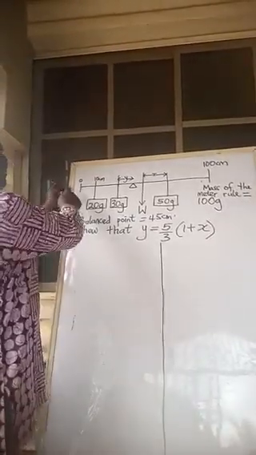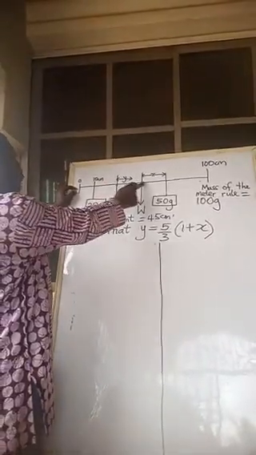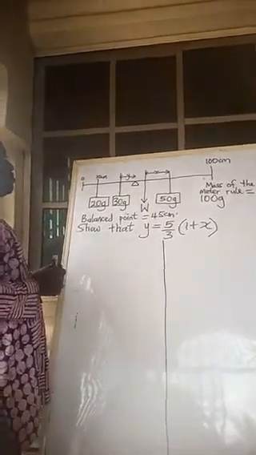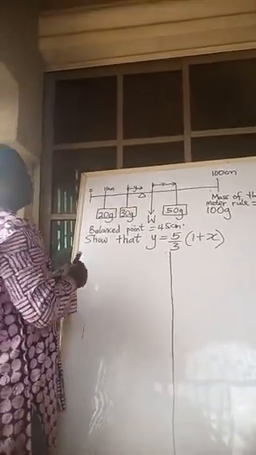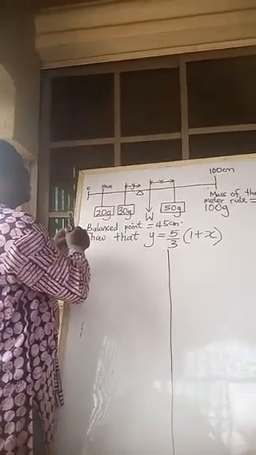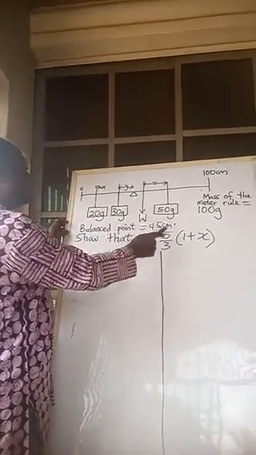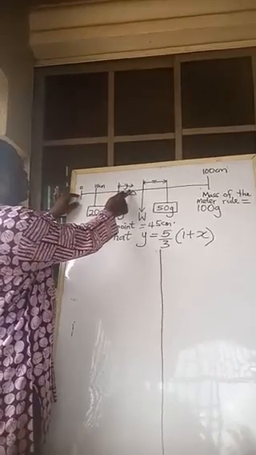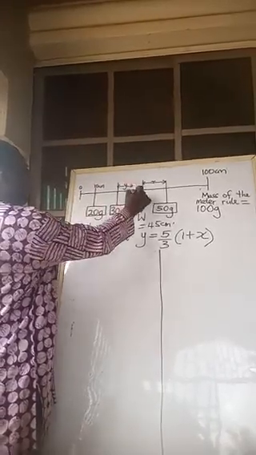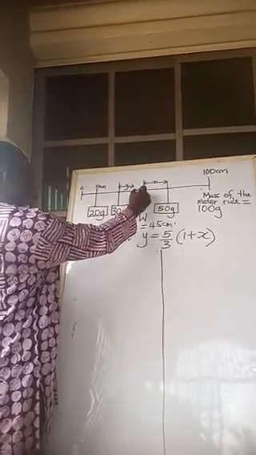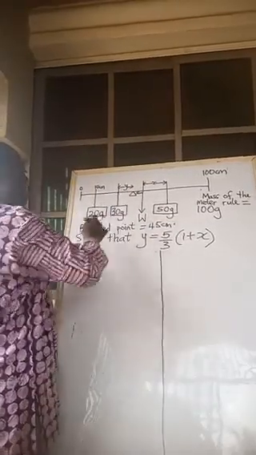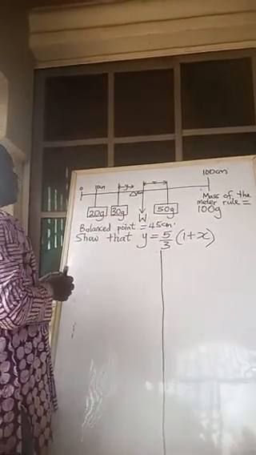So that means the distance from this zero to where this weight is 50 centimeters. Take note of that. So if this is 50 centimeters and the balance point of this meter rule is 45 centimeters, so from 0 to this pivot is 45 centimeters, then the distance here will definitely be 50 minus 45, and that is equal to 5 centimeters.